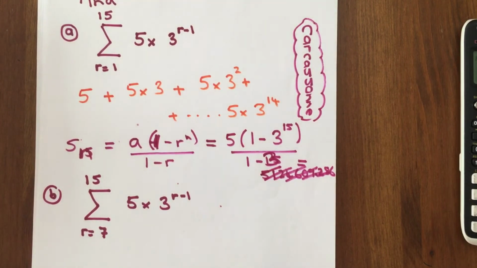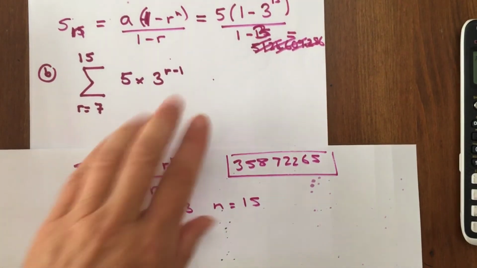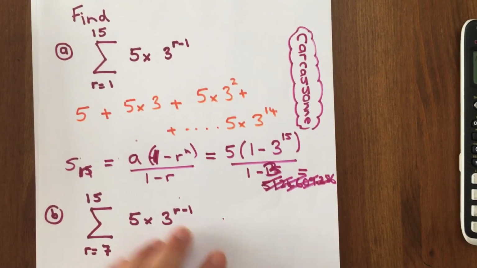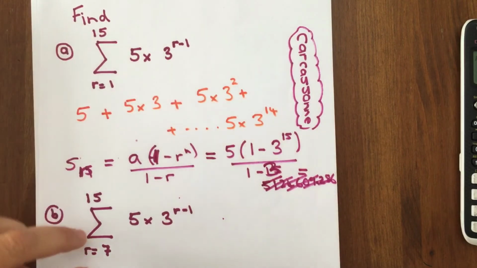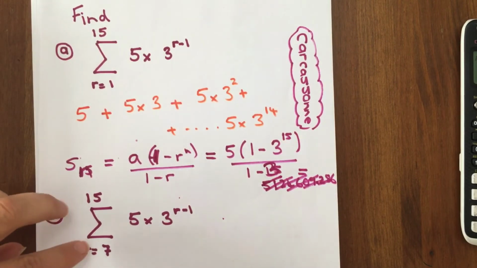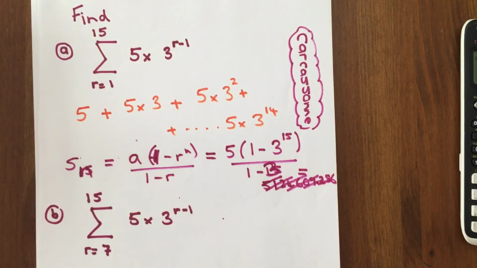Right, now for this next one, it's very, very similar. If we look at these two here, this was the sum of all the terms 1 to 15, whereas here you're only asked for all the terms from 7 to 15. Well, I don't know a formula to do from 7 to 15.